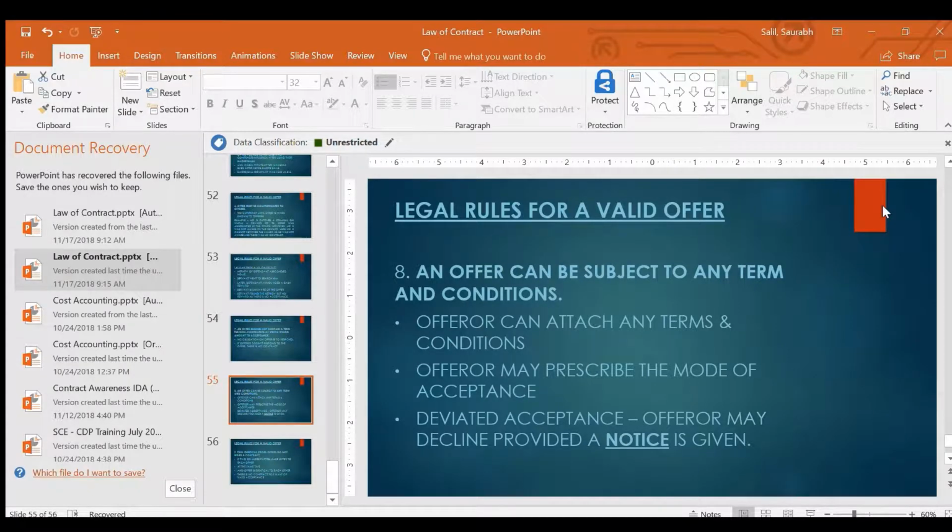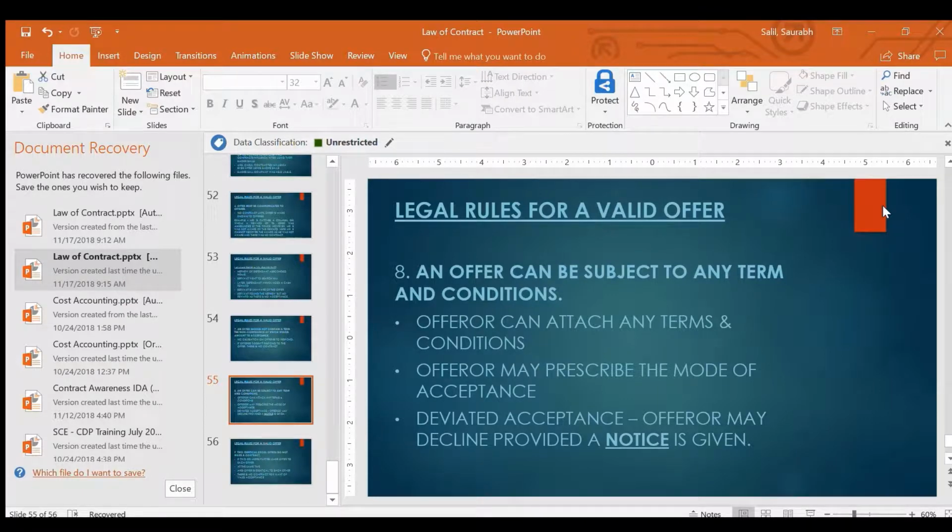So, in case of deviated acceptance, what is deviated acceptance? For example, in cases where the offeree uses a different mode of acceptance than the one prescribed on the offer. For example, the offer said the acceptance is to be sent via telegram, whereas the offeree sent the acceptance via post.